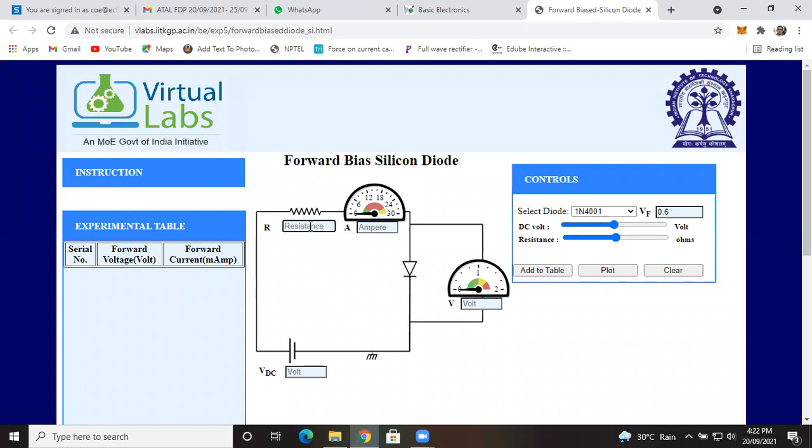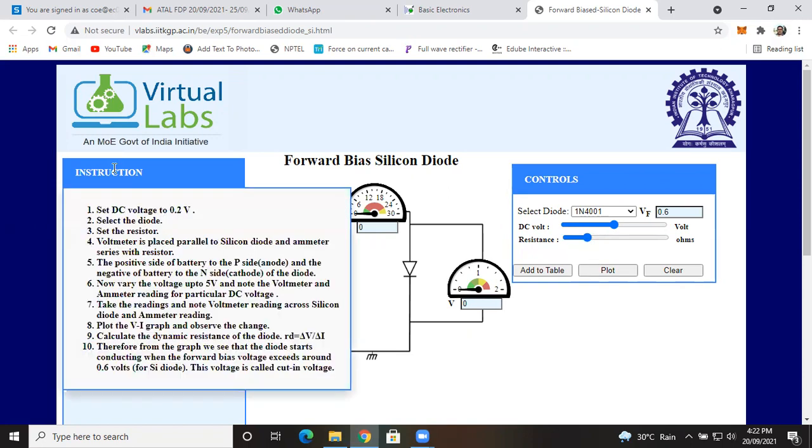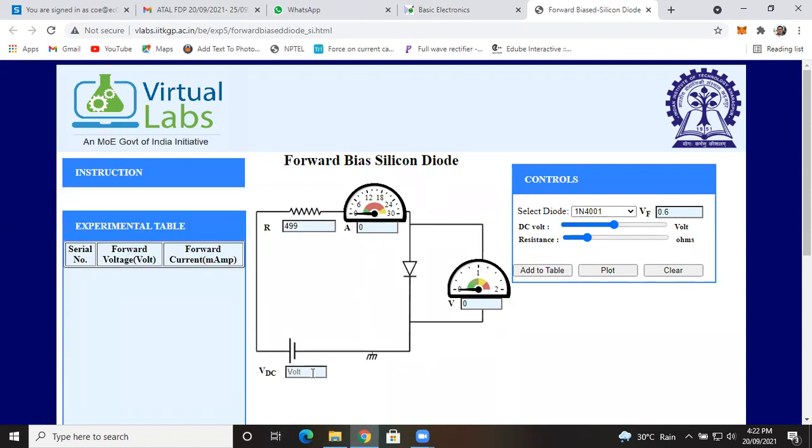Then I will select the resistance. Let me select 500 ohm. You can see that this is approximately 500 ohm. Our first instruction is to set the DC voltage to 0.2 volt, so I will select the DC voltage of 0.2 volt.